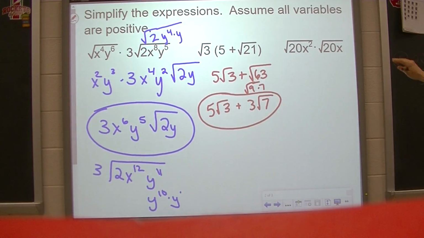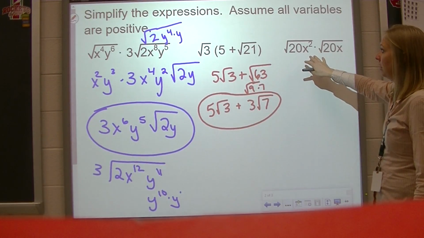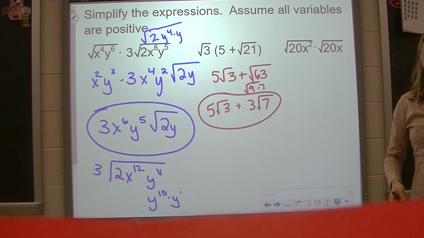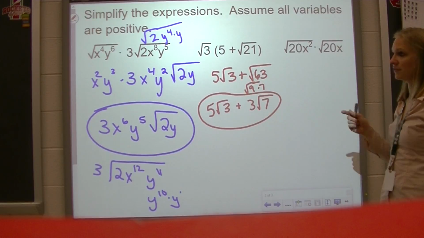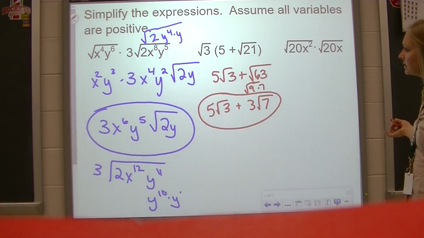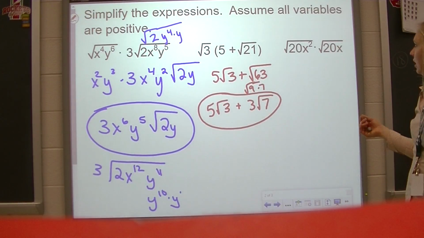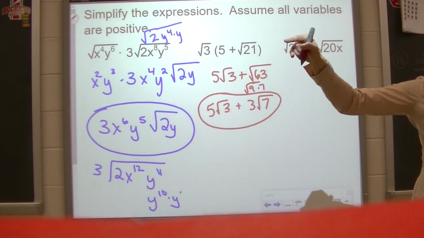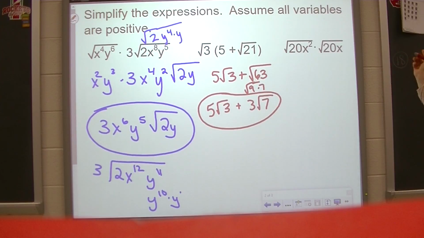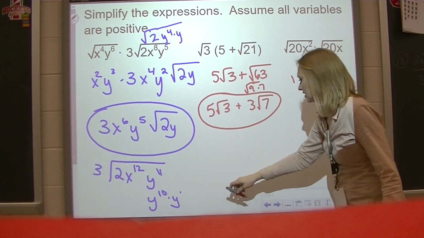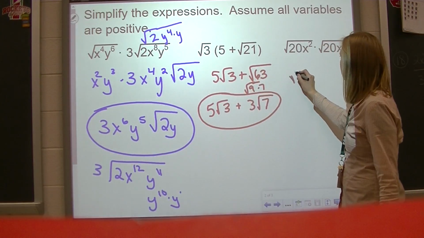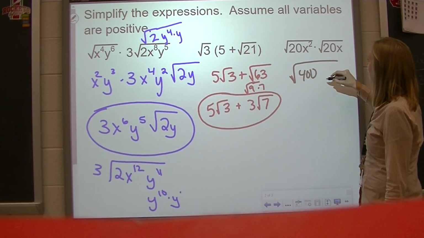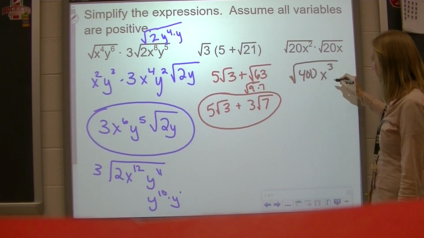Again, either way you want to do it. You can multiply first and then simplify, or simplify first and then multiply. In this case, I'm going to multiply first, and it's only because I can see that we're doing square root of 20 times square root of 20. Because I know doing that, I'm going to get the square root of 400, which I know is a perfect square, and then I'll have x cubed.